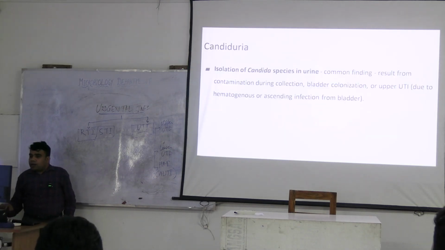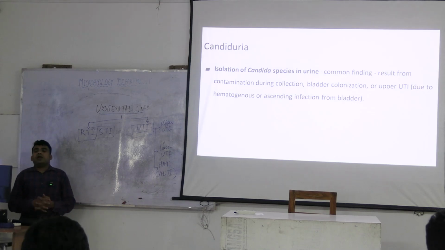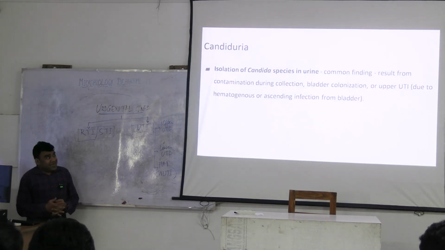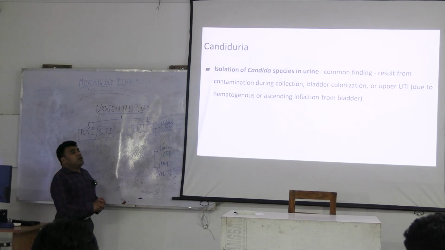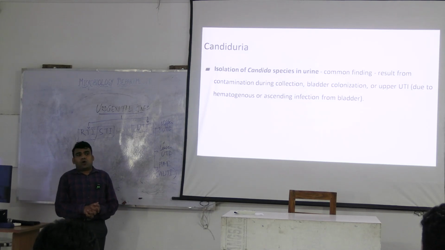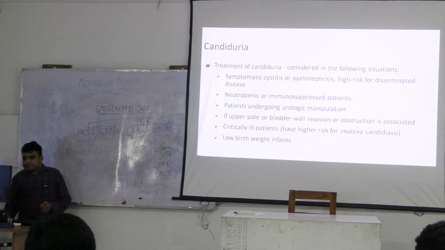Okay. Among the fungal infections, the most notable infection that we can find is caused by a yeast-like fungus called Candida. So this Candida infection is very common, even in the community and especially in the hospital, and is a very important cause of hospital or healthcare associated infection of the urinary tract.